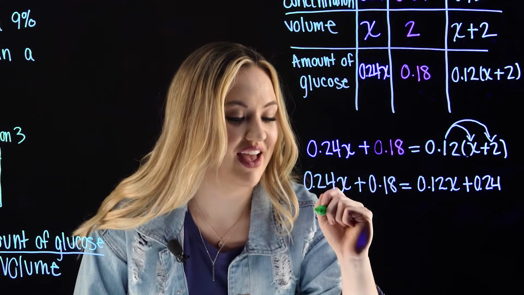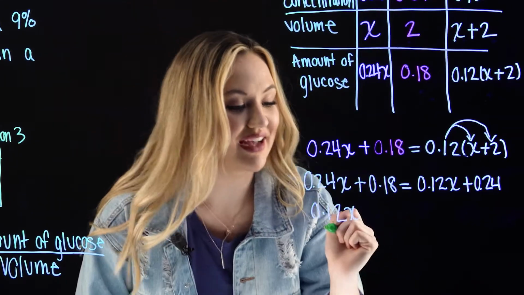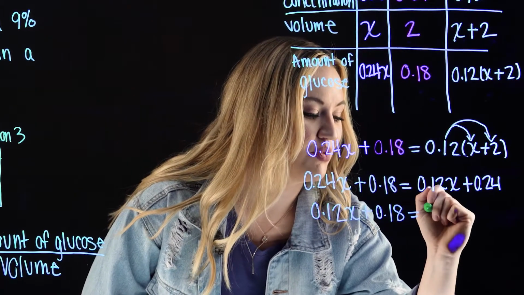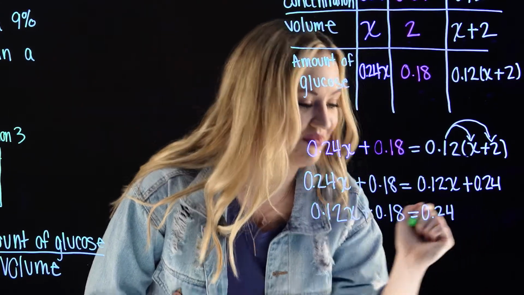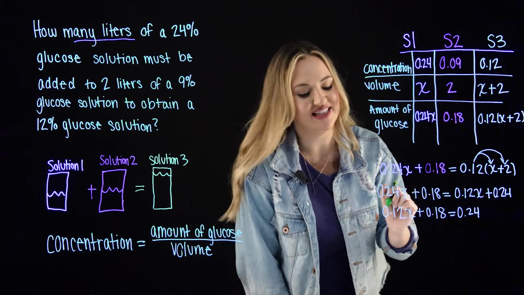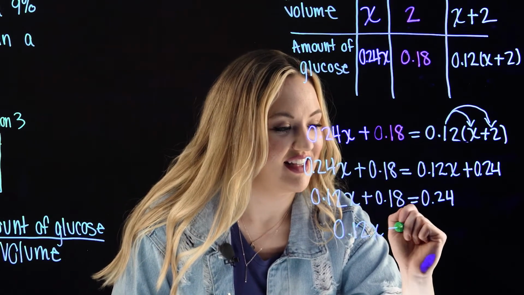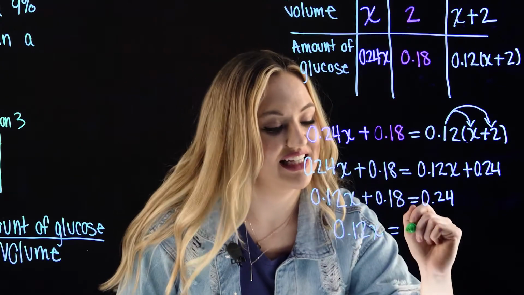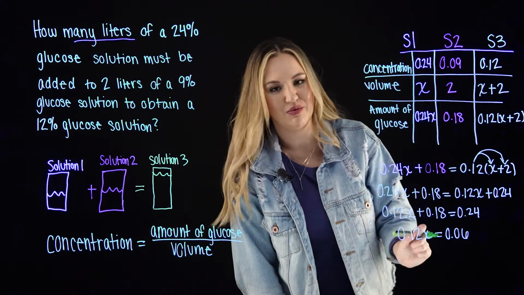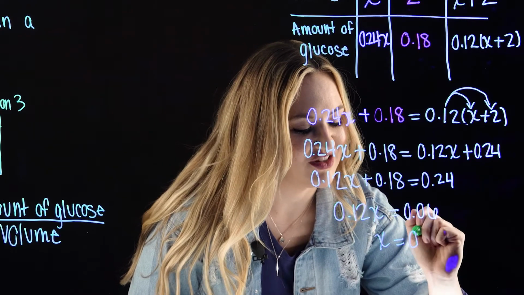Doing that, 0.24x minus 0.12x is just 0.12x, plus 0.18 equals 0.24. Then let's get x by itself. Subtract 0.18 from both sides to get 0.12x equals 0.24 minus 0.18, which is 0.06. And finally, divide both sides by 0.12 to get x equals 0.5.